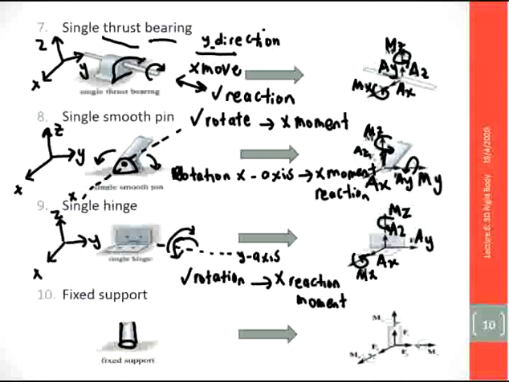So the reactions are all there: ax, ay, az, and also it cannot rotate, so there are mx, my and mz here.